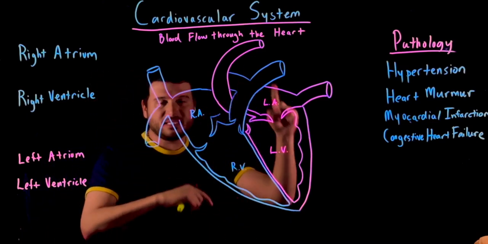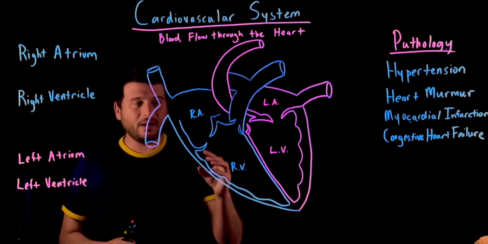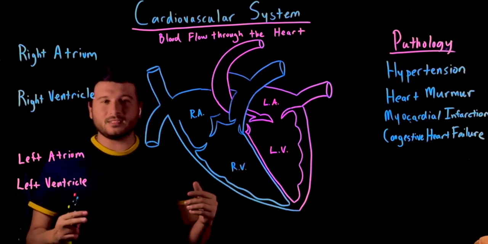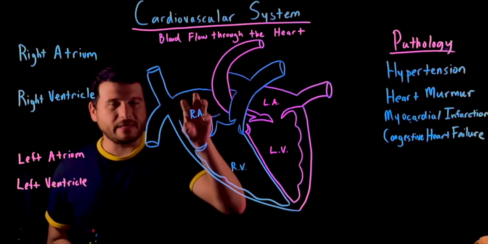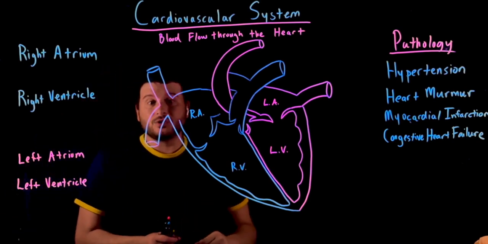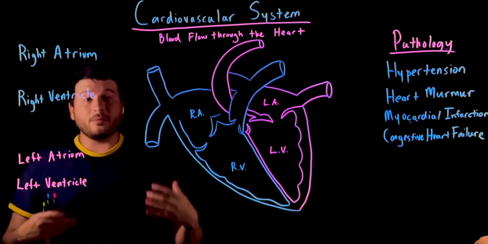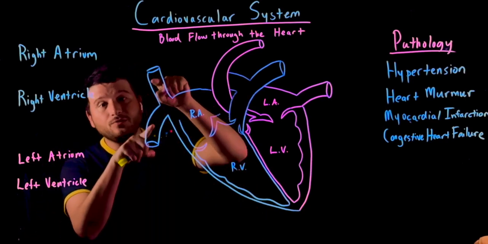Now, because it's cyclical, there really isn't a starting place. But normally when we discuss this, we talk about the beginning being this chamber here, which was the right atrium. So blood is going to come from the body to the right atrium through these two vessels.